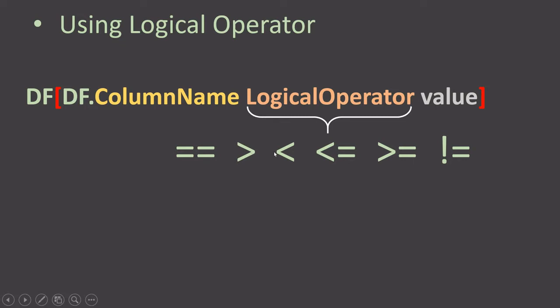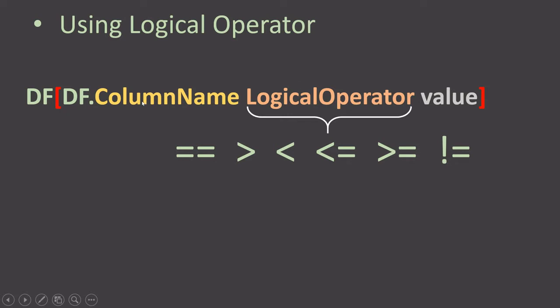Here it is greater than, this one is less than or equals to, and this is greater than or equals to. And this one is quite interesting. Tell me what it is. Take a pause and put in the comment section what this is. If you don't get it, let me tell you, it's not equals to. This is called not equals to.